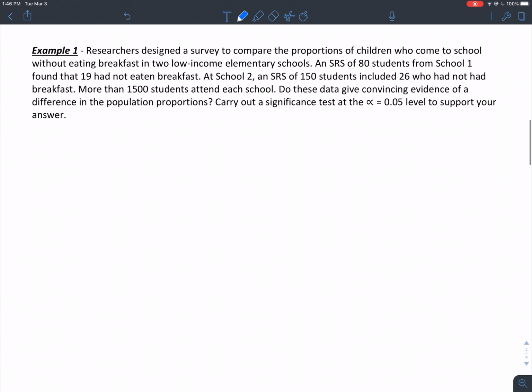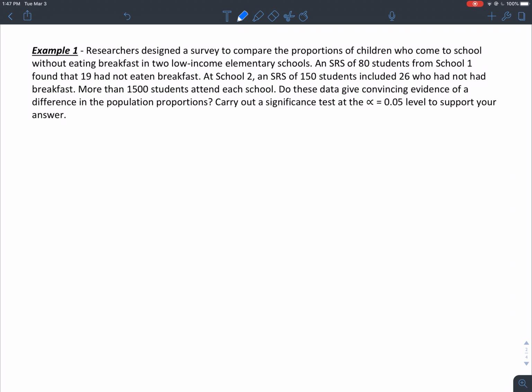So let's do one together, and then maybe we will do a second one, which is an experiment. This one is not an experiment, but the second one I think is. It says researchers designed a survey to compare the proportions of children who come to school without eating breakfast in low-income elementary schools. There's a lot of research about the correlation between not eating breakfast and doing poorly in school. This is why people care about this situation.